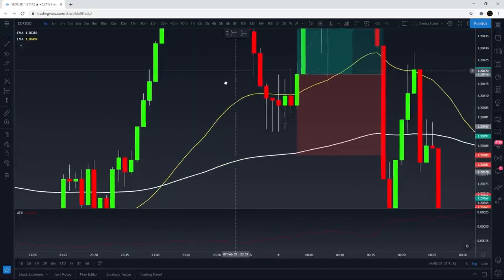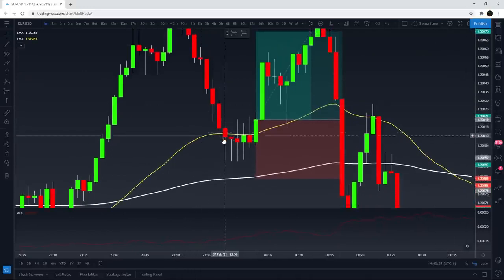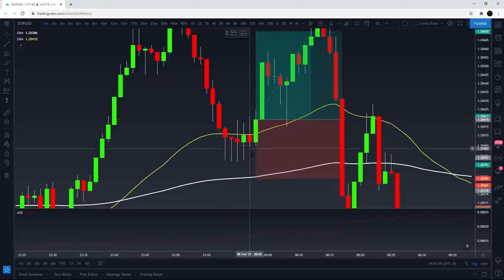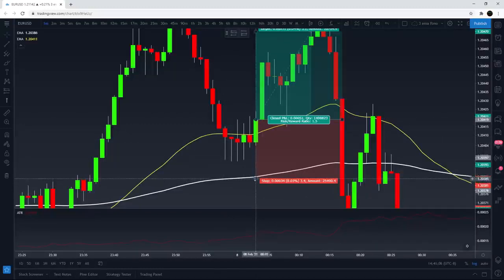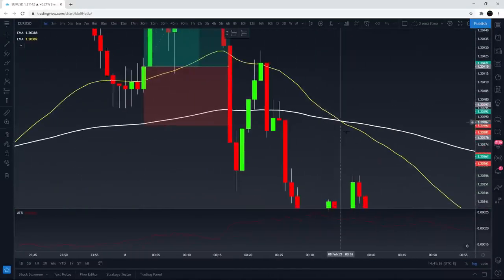We get the cross up on the 50, wait for the first pullback into the 50 right here. Then the first green candle that closes above the 50 right here. Stop loss, 2 times the ATR, which on this candle is 1.7 pips, so 3.4 pips for the stop loss, targeting 1.5 times the risk. So that one's good.